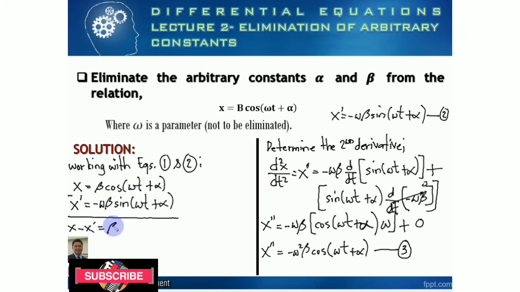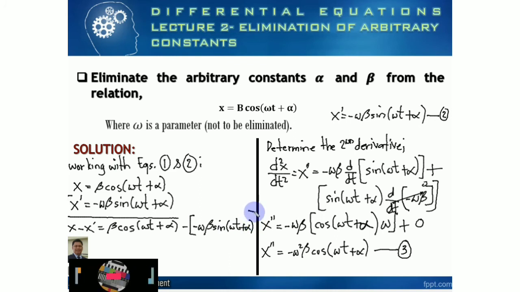Okay, so beta cosine of omega t plus alpha, minus this one, negative omega beta sine of omega t plus alpha.